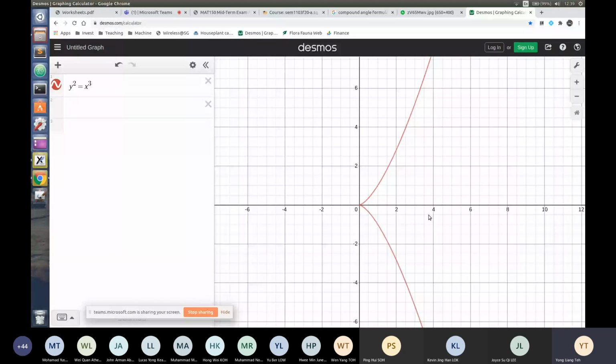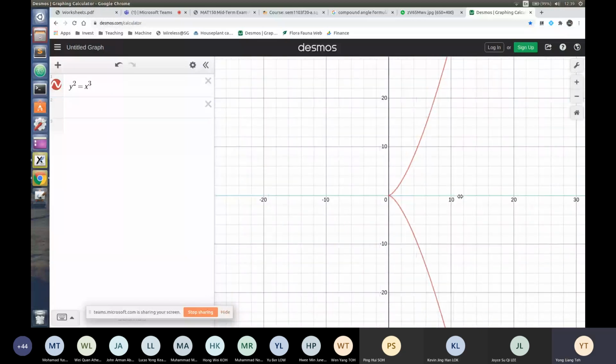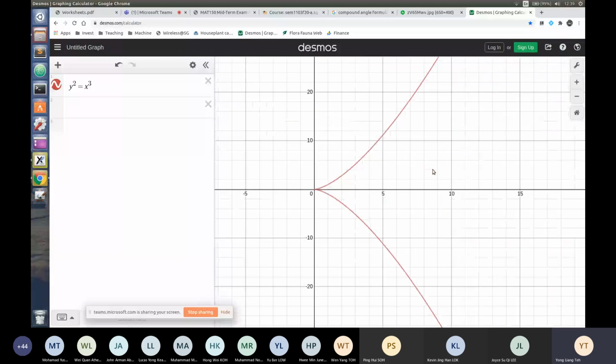So if you look at this graph, it is actually not a function because it fails the vertical line test. And it is rightfully so because just now we have y equals plus minus. It means that we have two values already. So at each particular x, you have two values. So it fails the definition of a function.